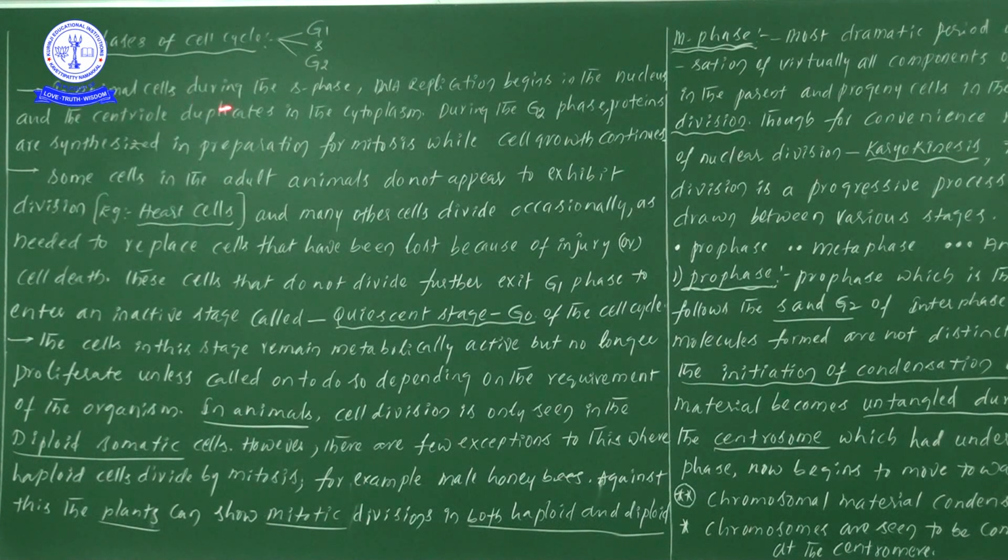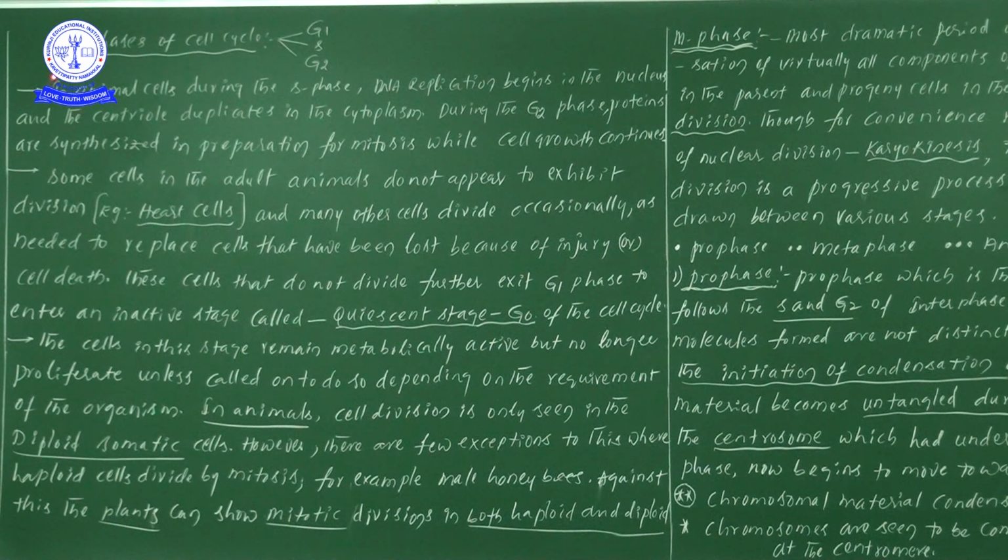Now, in animal cells during the S phase, which is important even from a NEET examination point of view, DNA replication begins in the nucleus, and centriole duplication takes place in the cytoplasm. Did you understand my point?